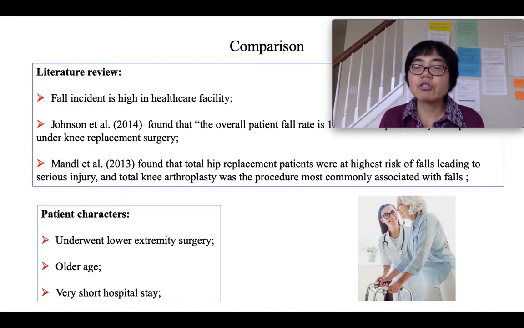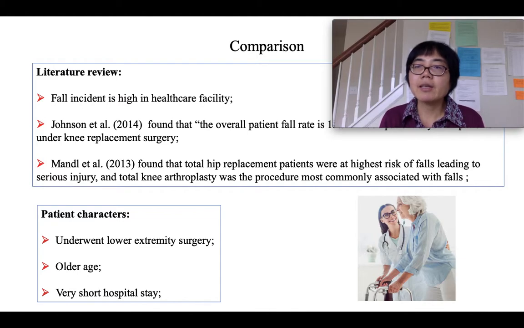Another research showed that total hip replacement patients were at highest risk of falls leading to serious injury, and total knee replacement surgery patients are most commonly associated with falls.